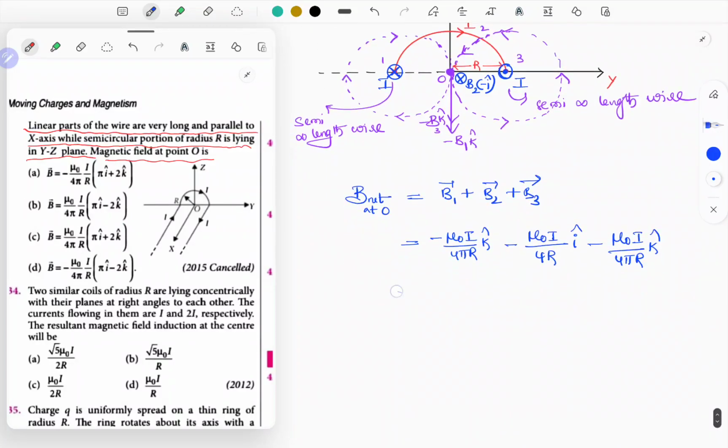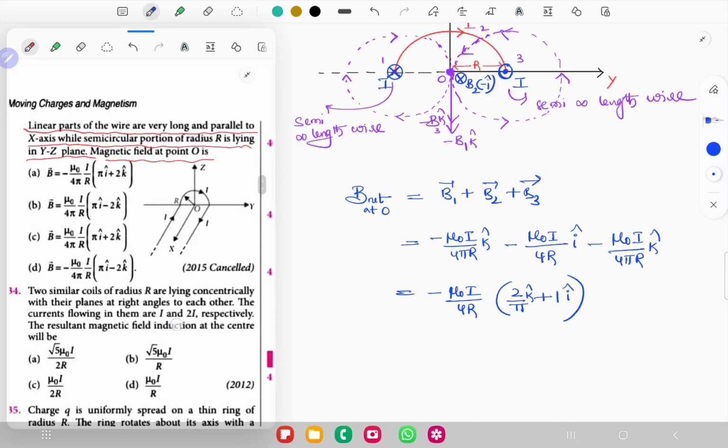Let's simplify this. So it is minus, common, mu naught I by 4R is also common. Here I am left with 1 by pi, and in this part 1 by pi, total it is going to be 2 by pi, plus here I am left with 1. So this is k cap and this is i cap.